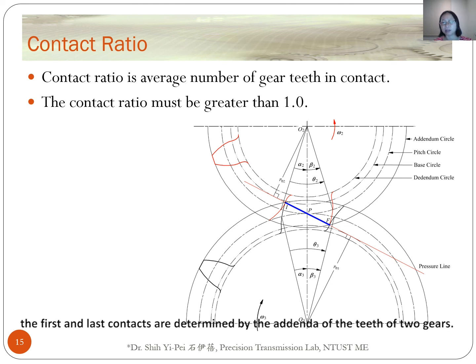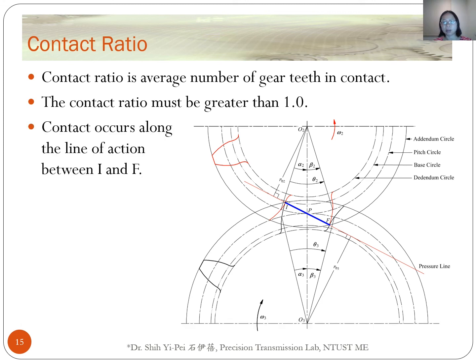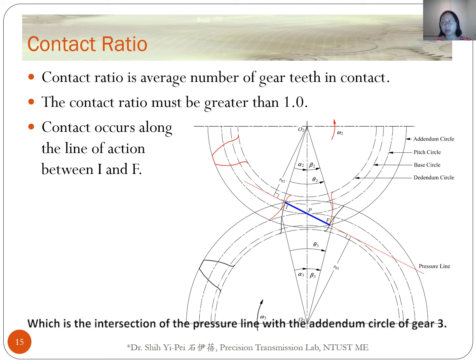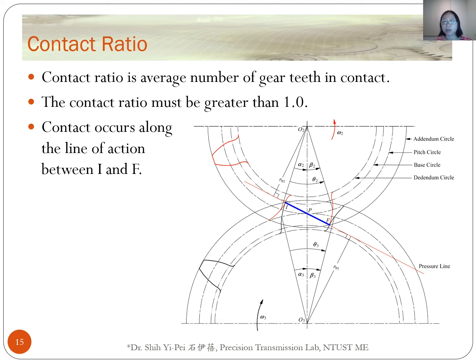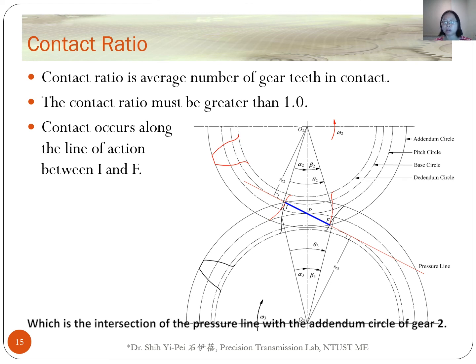The first and the last contacts are determined by the addendum of the teeth of two gears. Contact is initiated at the point I, which is the intersection of the pressure line with the addendum circle of gear 3. Contact is terminated at point F, which is the intersection of the pressure line with the addendum circle of gear 2.